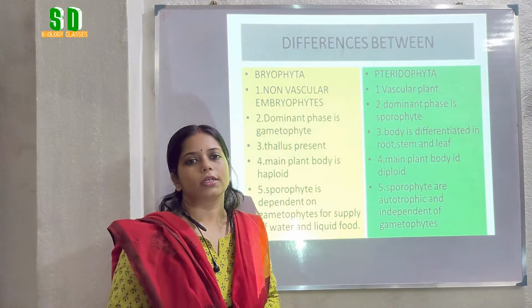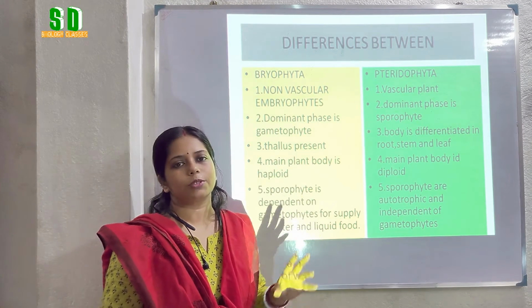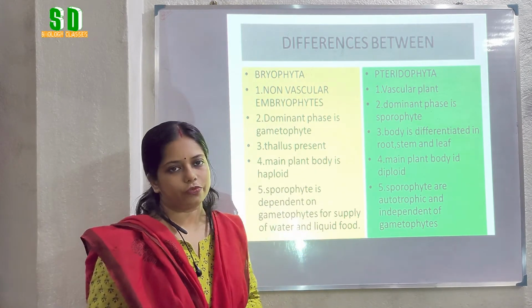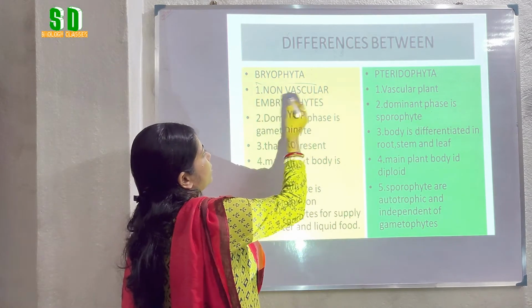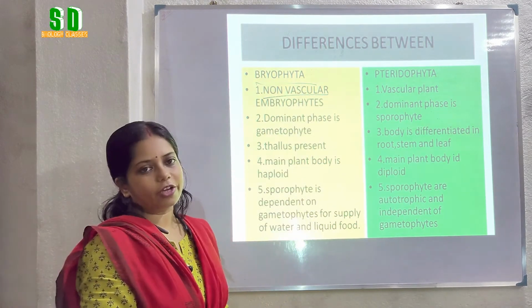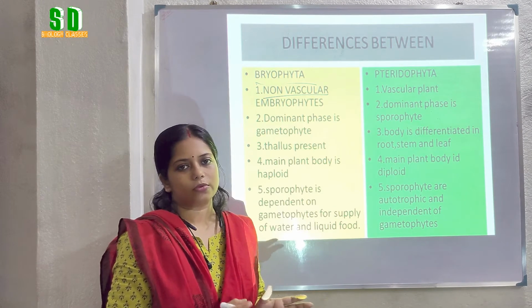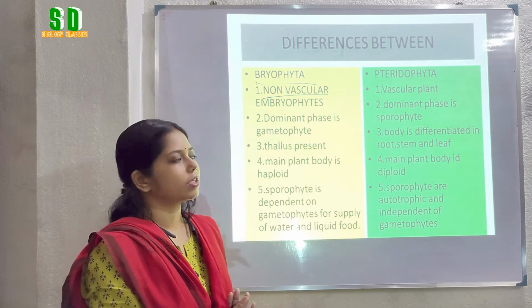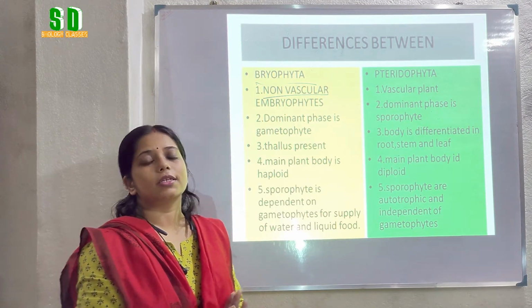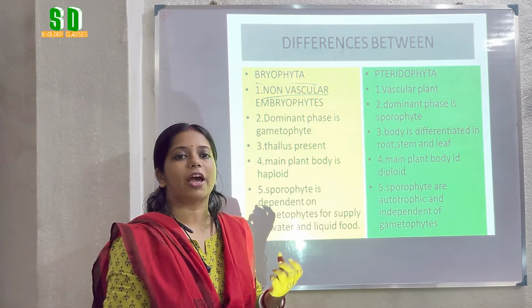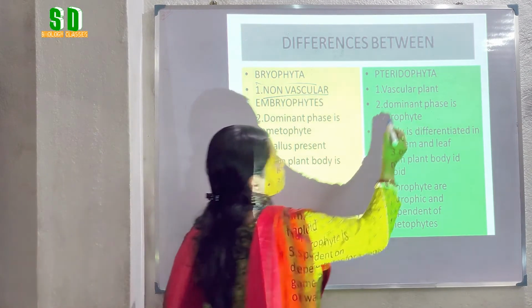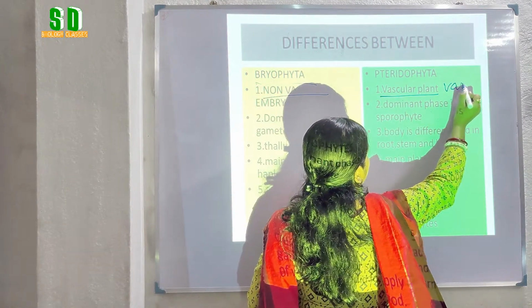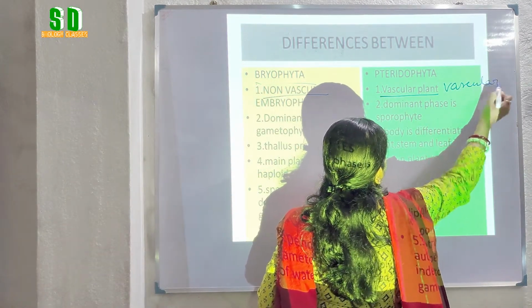Now students, let's look at the differences between Bryophyta and Pteridophyta. We have seen that Bryophyta are the non-vascular embryophytes. They do not have vascular tissue, that's why they are called non-vascular. Whereas Pteridophyta have vascular tissue, that's why they are also called vascular plants or vascular cryptogams.